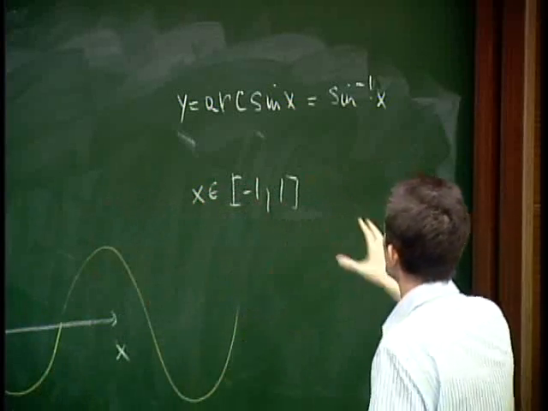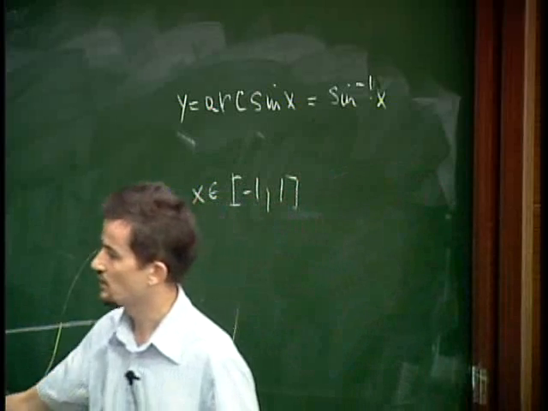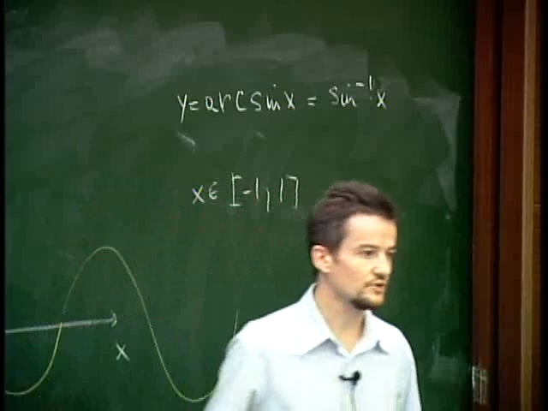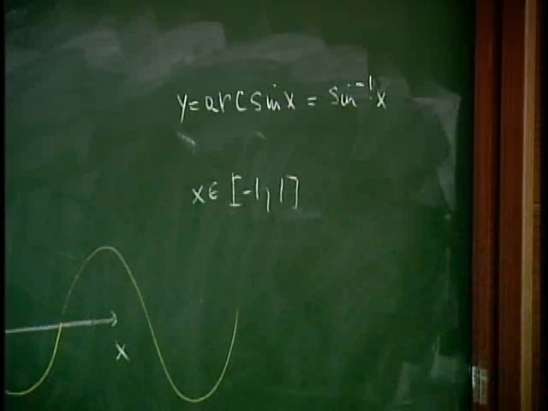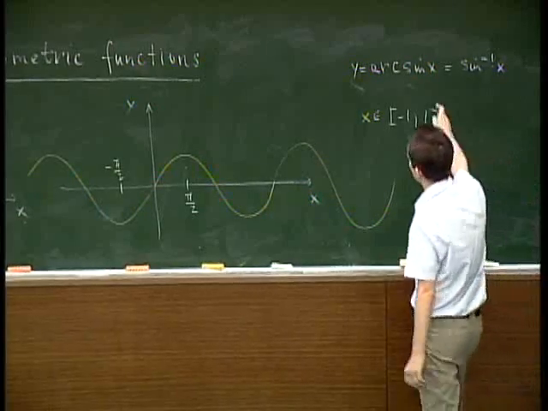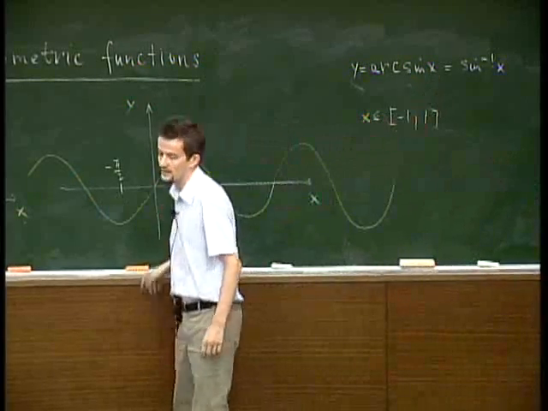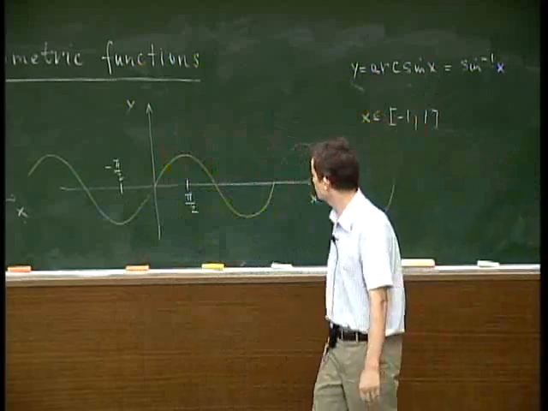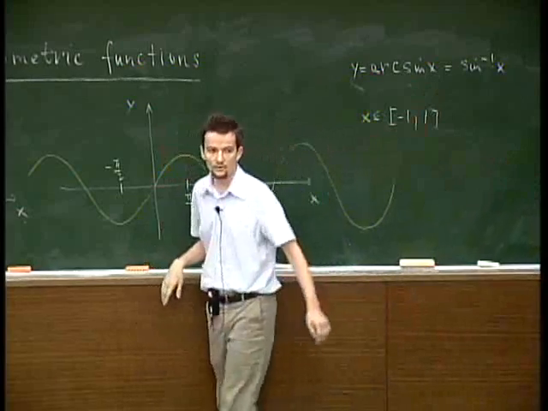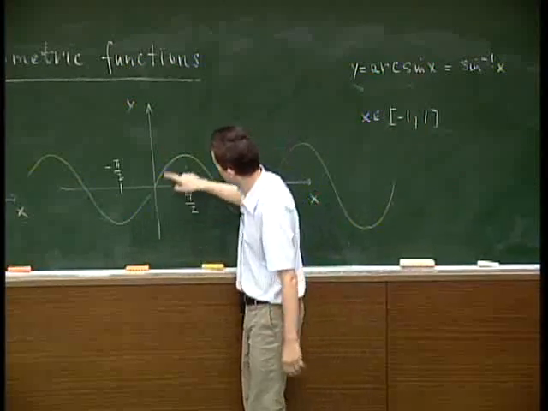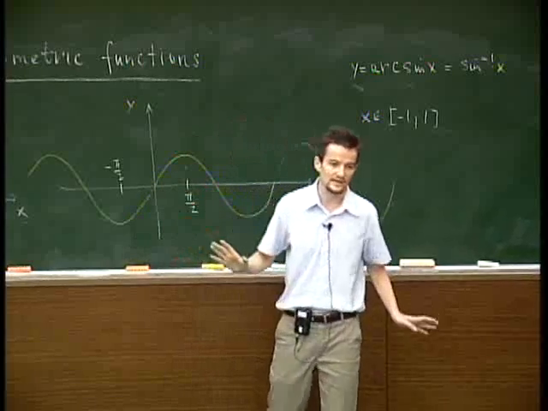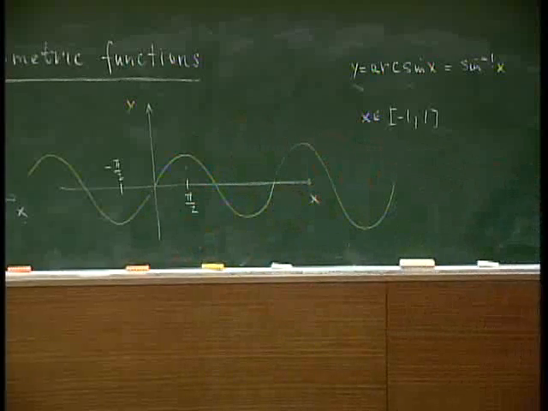The domain of this function is from minus 1 to 1, and the range of this function will then be from minus pi half to pi half. You get the graph just by reflecting this graph about the line y equals x. You know all this from high school.